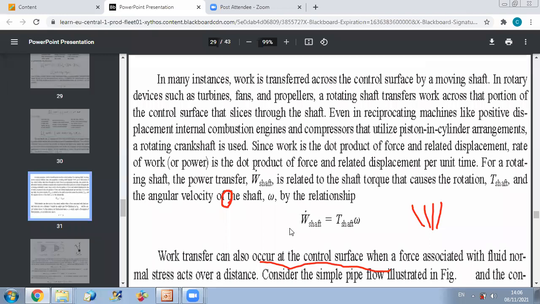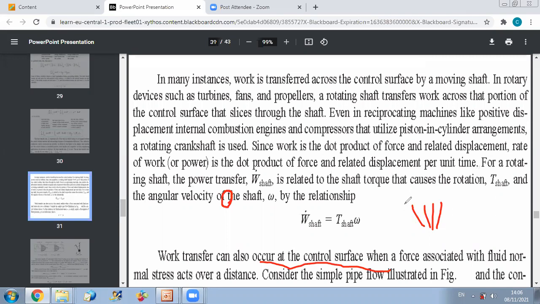Now, concerning the work, it can be in several forms. Okay, so the power transfer can be in the form of, let's say you have a piston displacement, so it can be translational work, or it can be rotational work. So if you have a shaft, and in general this is one of the main applications because when we have turbines or something like this, then we have rotation.